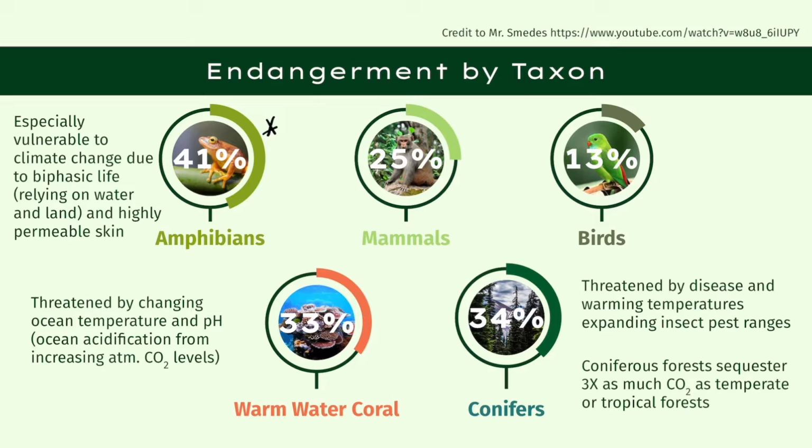With that, warmer temperatures mean that new parasites can move to different areas, and new diseases can expand further north and south, meaning these conifers are affected by diseases or pests that they haven't developed any adaptations to fight against. This is really bad for us because conifers take in a lot of carbon dioxide. If we lose conifers, that's a really big loss, and that means we're going to have even more carbon dioxide in the atmosphere than we do currently.